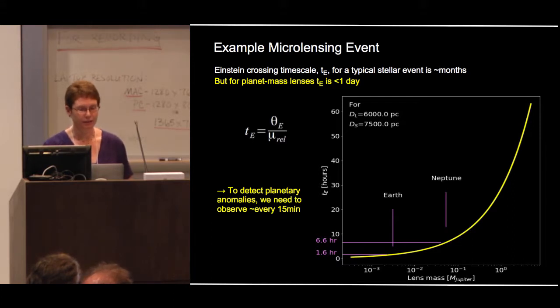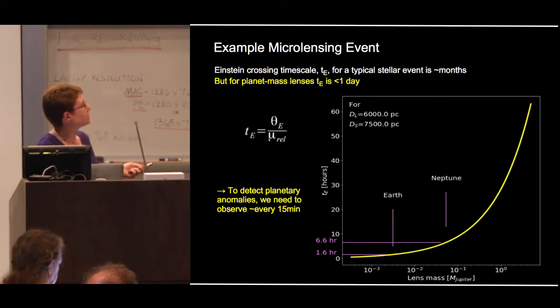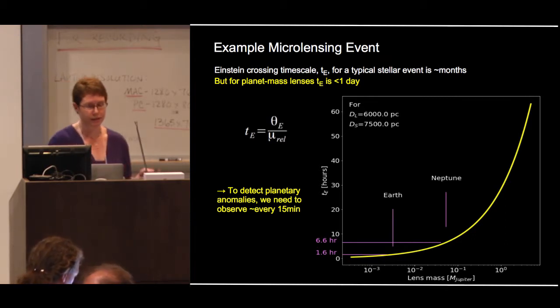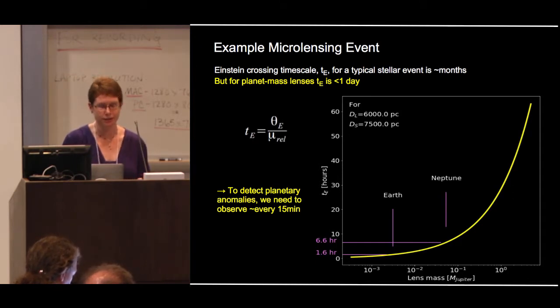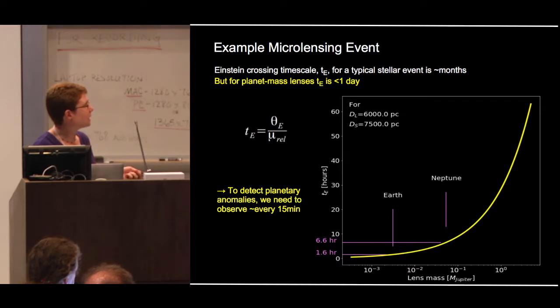However, we know that theta_E scales as a function of mass and also with the distance to the lens and the source. And so if we take our example with the fixed source and lens distances, but we change theta_E, we correspondingly change the Einstein crossing timescale. And in this chart, you can see how that scales for planetary masses.